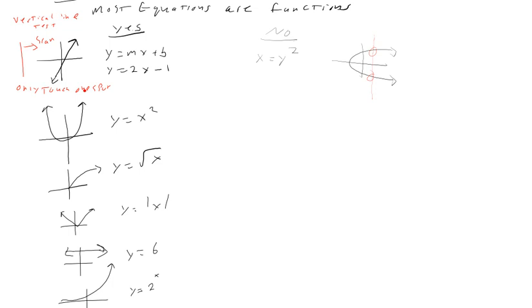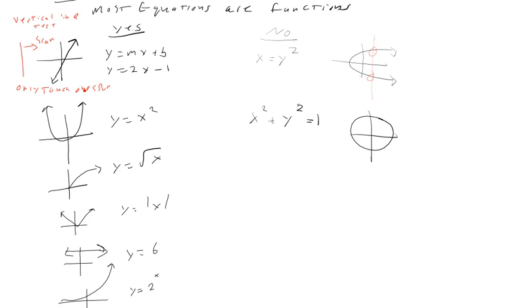Or things like x squared plus y squared equals 1. This graph is a circle. Let me draw this a little bit better. x squared plus y squared equals 1 is not a function, because that graph looks like a circle and doesn't pass the vertical line test.